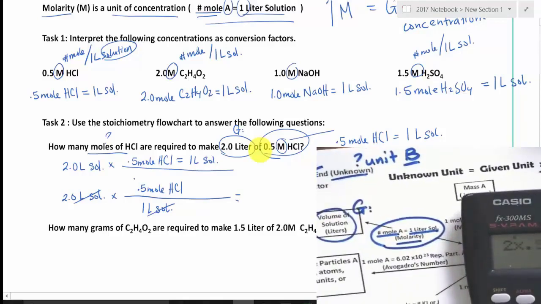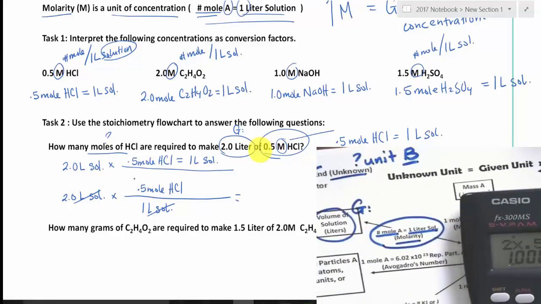That gives us 1.0. So it's actually equal to 1.0 mole of HCl. So how many moles do we really need? It turns out to be 1 mole of HCl. So in this case, we would need 1 mole of HCl to make 2 liter of 0.5 molarity HCl. And that's all you have to do.